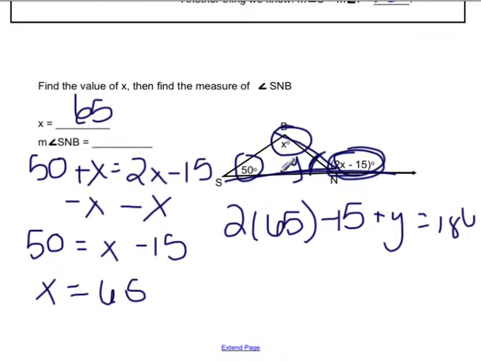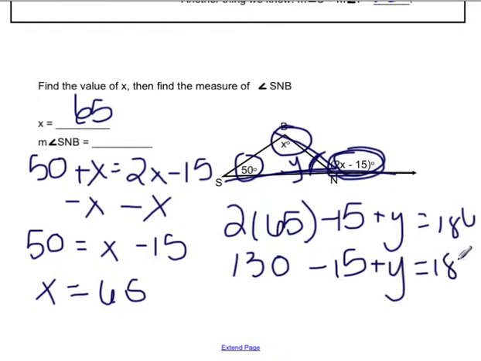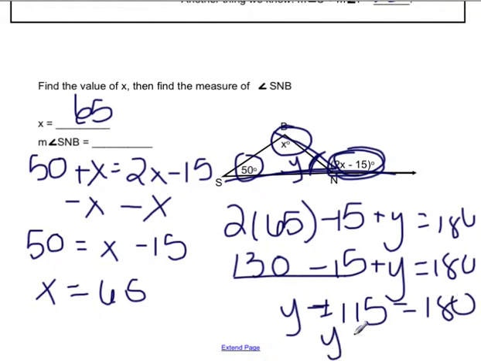So 2 times 65 is 130, minus 15, plus y is equal to 180. Add those together, we get 115 plus y is equal to 180. Subtract 115 from both sides, and we get 65. So that right there is also 65.